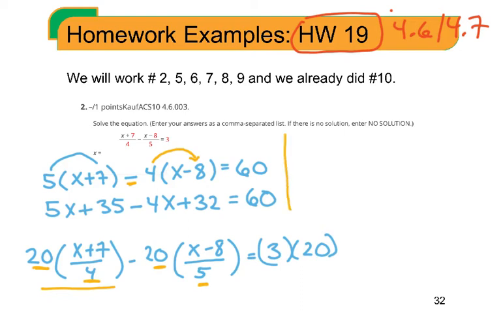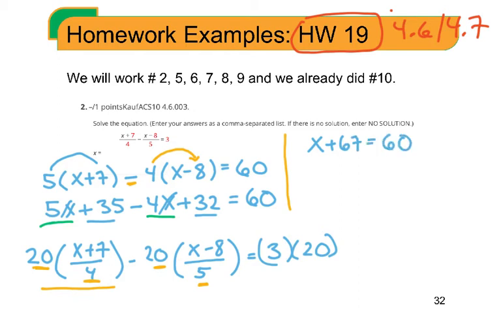Okay? Combine like terms. Well, I have 5x minus 4x. That gives me x. So that's gone. I have 35 and 32, which would be 67 equals 60.